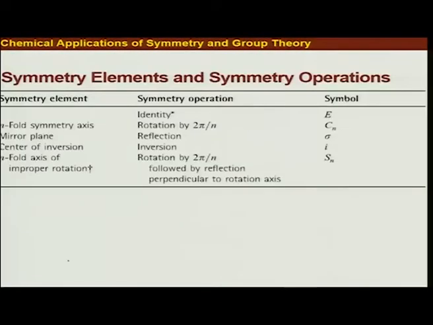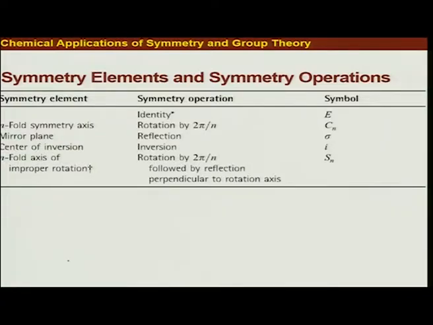So we identified that there are different symmetry elements. For example, identity, which is present in almost every object of this universe, and there are axes of symmetry, namely proper axis of symmetry and improper axis of symmetry.